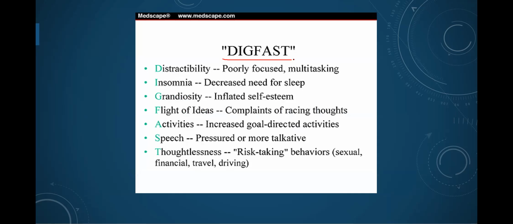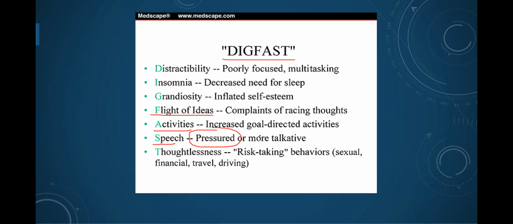You can easily remember by memorizing DIG FAST. DIG FAST is the criteria for mania. D for distractibility, I for insomnia, G for grandiosity, F for flight of ideas, A for activity, like increased goal-directed activities, S for speech.